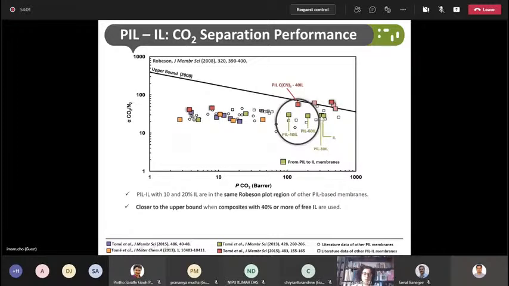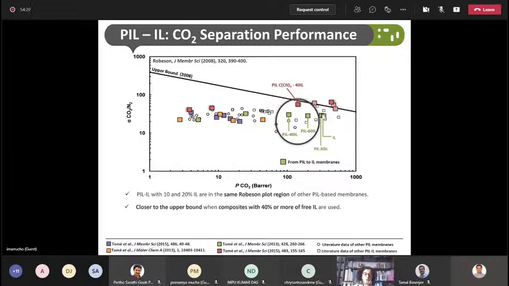No major difference you can see here between the 80% and the 100% of ionic liquid. So despite these being quite good results in terms of permeability, we cannot shift the selectivity very much. They are all here under the Robson plot.